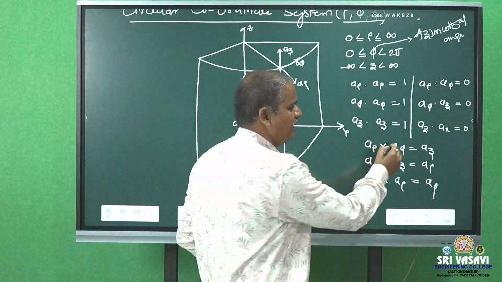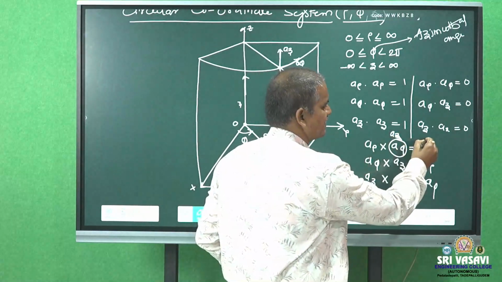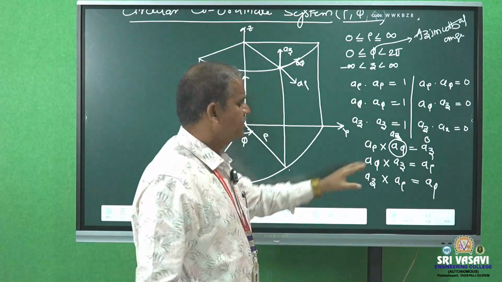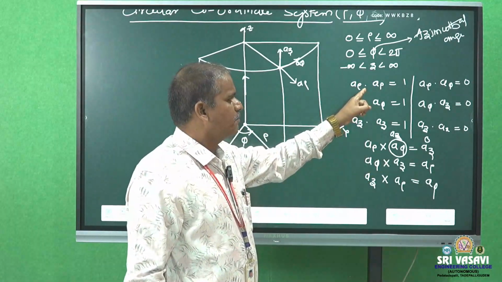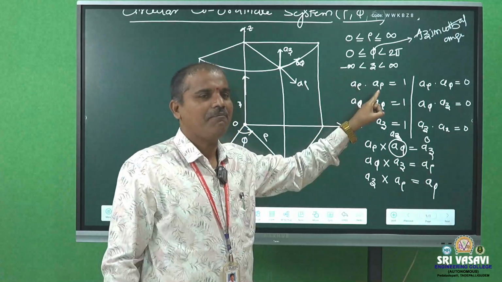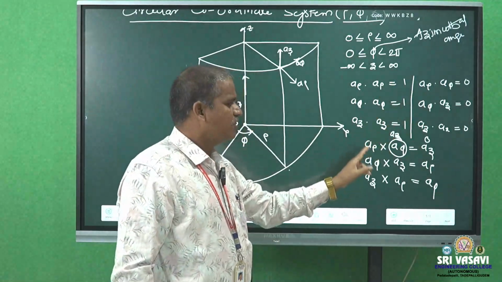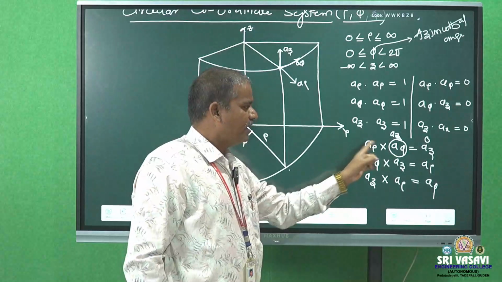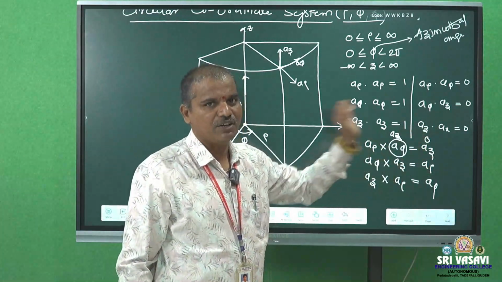If a phi is replaced by some other, for example a z, the result becomes 0. So these are the vector identities. For a dot product, if both vectors are the same, the result is 1; otherwise it is 0. For a cross product, crossing two vectors in sequence gives the third; otherwise it is 0.